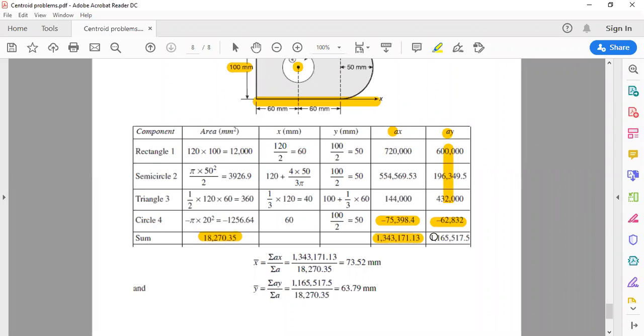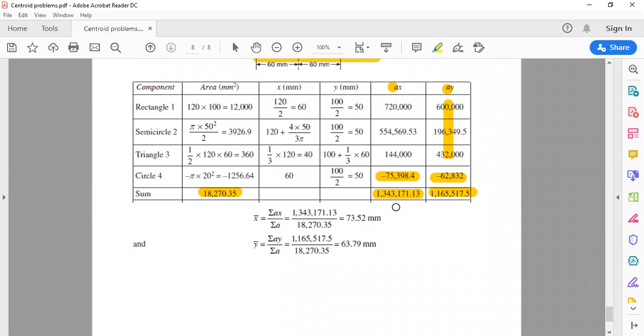Similarly, Ay is 11,65,517. And finally, I'll be able to calculate x bar and y bar by applying the formula sigma Ax by A, sigma Ay by A, respectively. So this completes the problem.